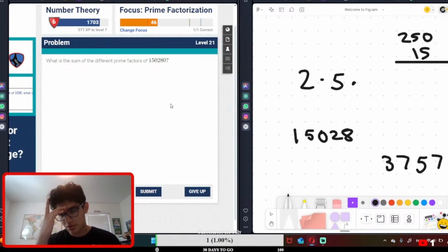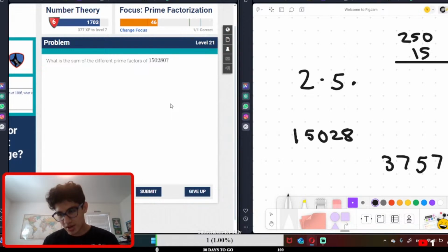If you multiply it by 4, you get 20, 28, 200. Okay, it seems right. 375 times 4 will give you 1500. Yeah, that's correct. Now, obviously that must be a prime factor.